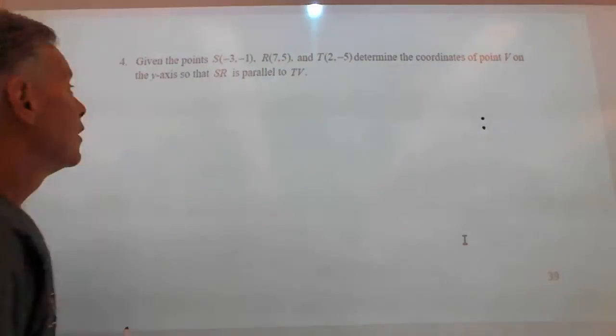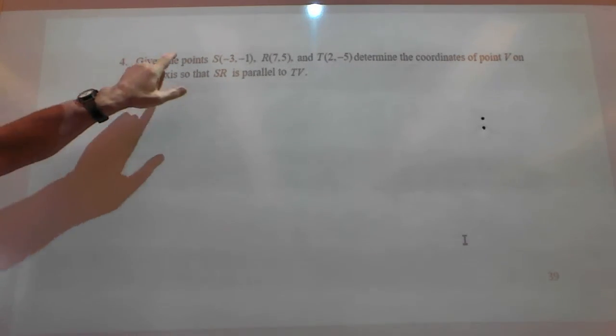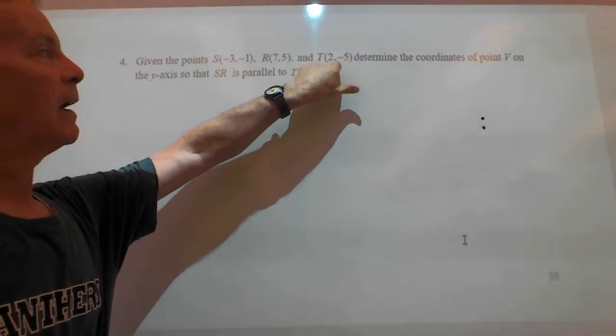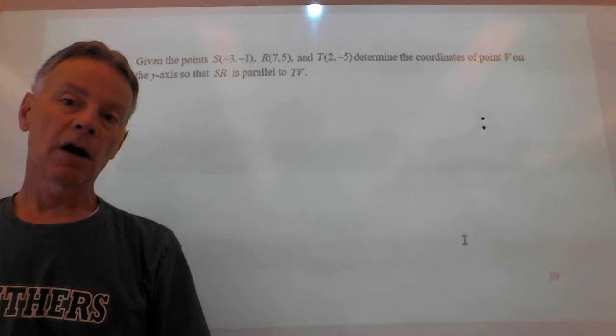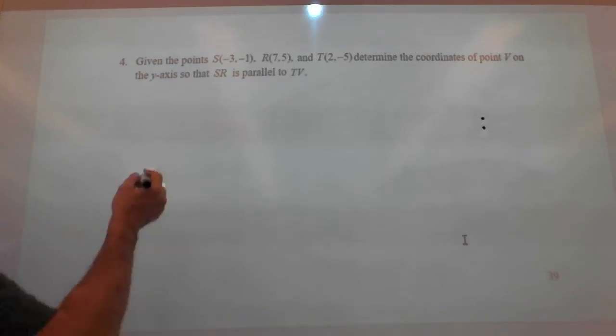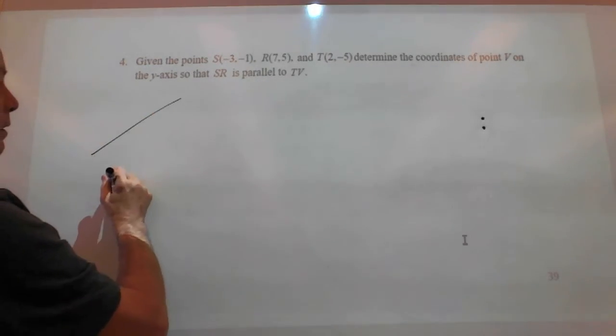So this one says, given the points S at -3, -1, R at 7, 5, and T at 2, -5, determine the coordinates of a point V on the y-axis so that SR is parallel to TV. A whole bunch of words, but basically what we're after is two lines that are parallel.